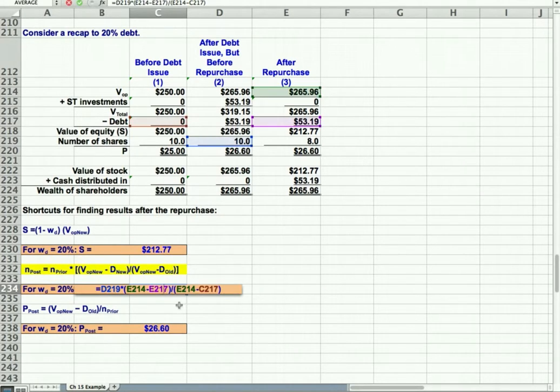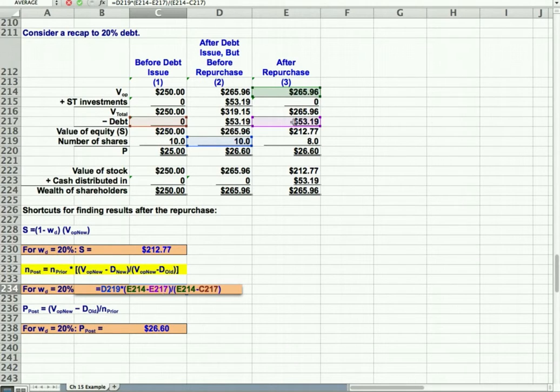And so when we use that, we have the number prior, D219. So we had 10 shares. We're multiplying it by operations new, E214, minus the new debt, E217.